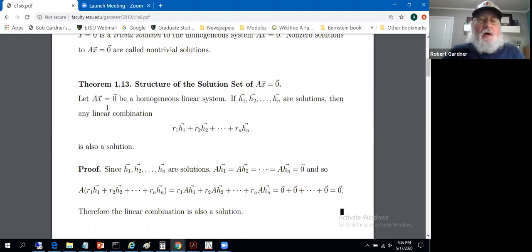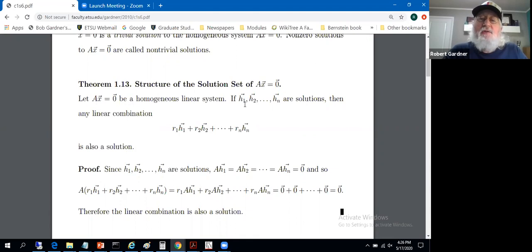Okay, this result simply says, hey, if we consider AX equals 0, the homogeneous system of equations, if H1 through H sub n are all solutions to this system of equations, that is, I could plug in X equals H sub 1 and we get a solution, X equals H sub 2 is a solution, and so forth, then the claim is any linear combination of those solutions is also a solution.